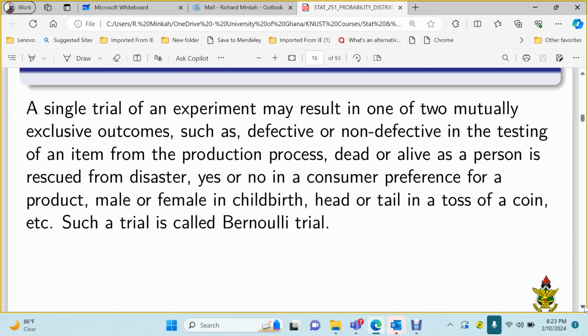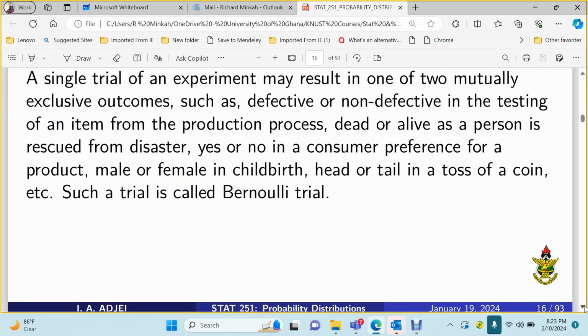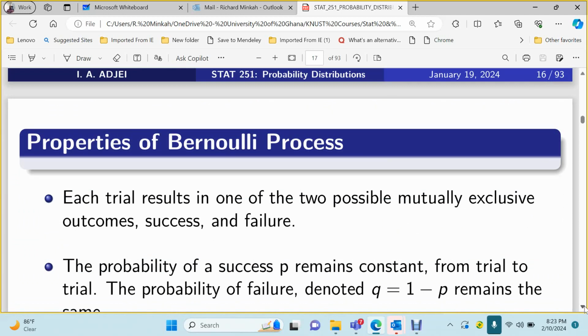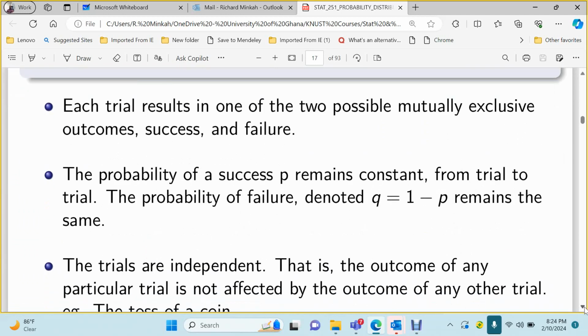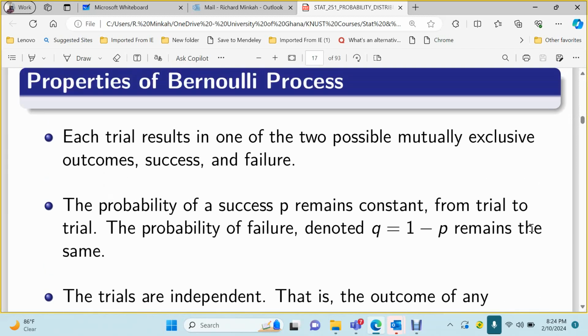Is everybody okay with this? Yes, please. Good. Okay. So a Bernoulli trial results in two possible outcomes. The outcomes should be mutually exclusive. Mutually exclusive means they cannot occur together, or you cannot be here and there at the same time. We also say that the probability of success is P. If I'm repeating the experiment, it will remain the same.